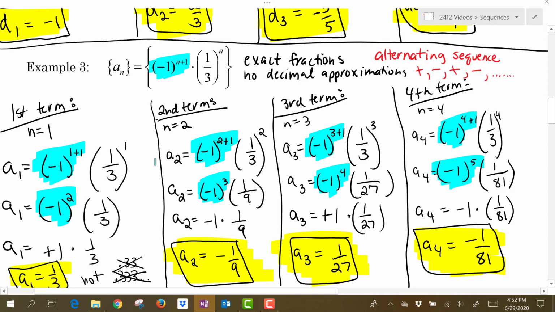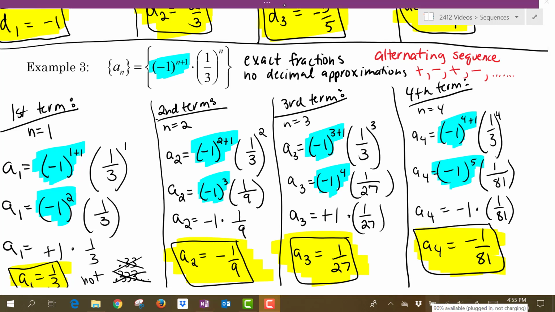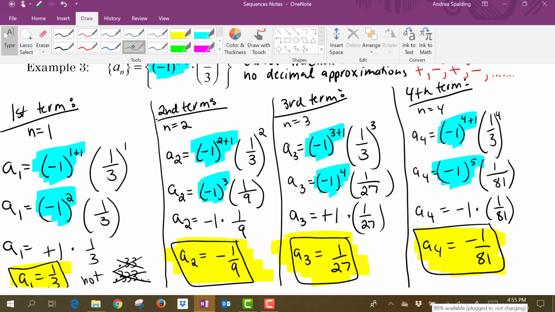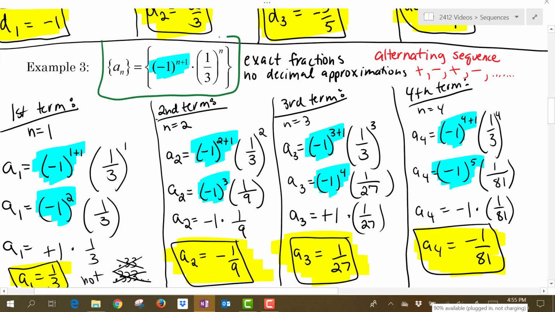So the exponent changing from even to odd is what causes the sign to alternate. Alright, so at this point, given any nth term formula for a sequence, you should be able to tell me the first 4 terms of that sequence.